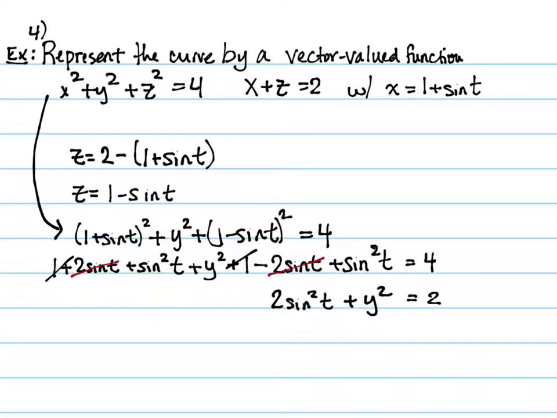But the goal is to solve for y. So I need to move the sine squared, and I need to take a square root. So y is equal to the square root of 2 minus 2 sine squared of t. There is a nicer way to write 2 minus 2 sine squared of t.